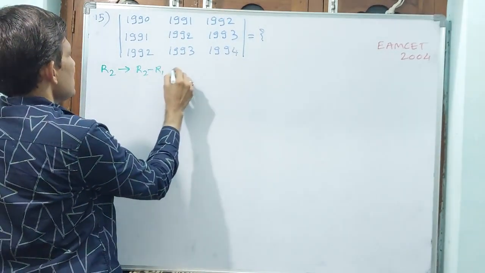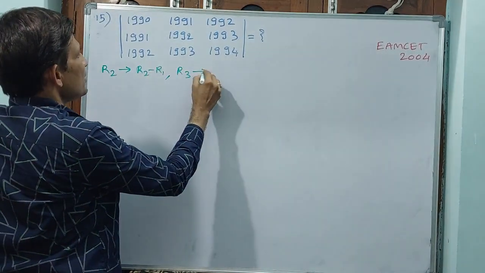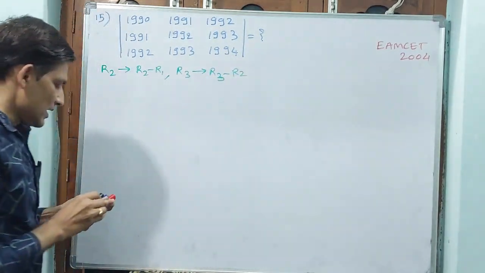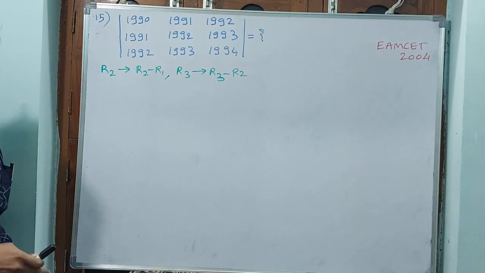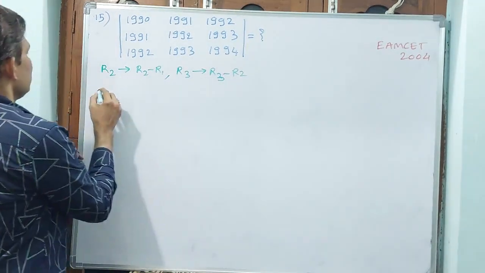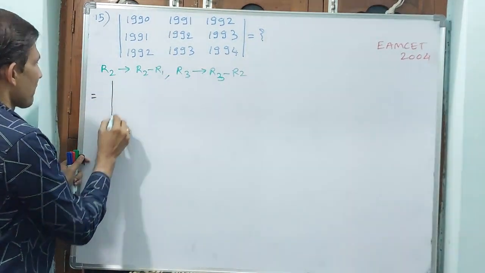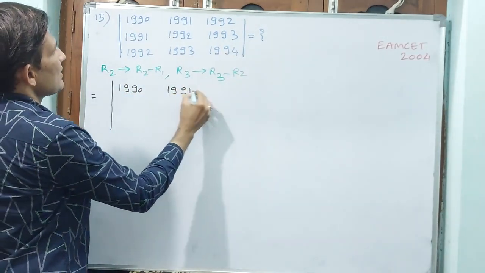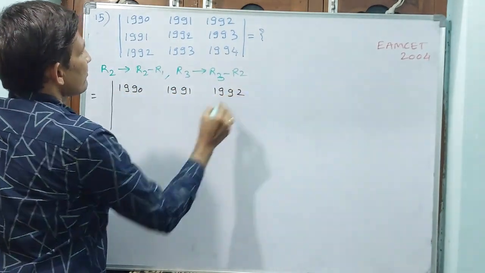Then R3 we are changing: R3 minus R2. Is there any change in R1? No. Then you first copy R1. That is, R1 will be 1990, 1991, 1992.